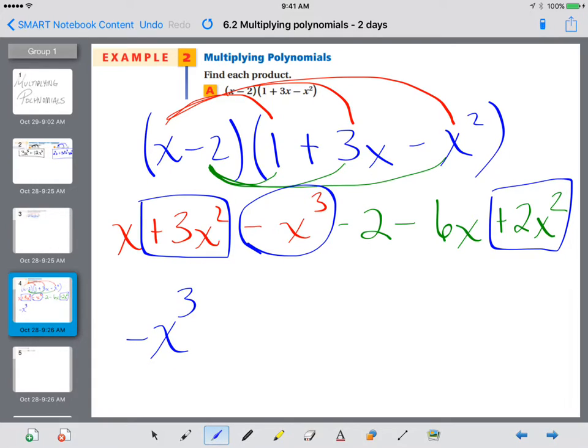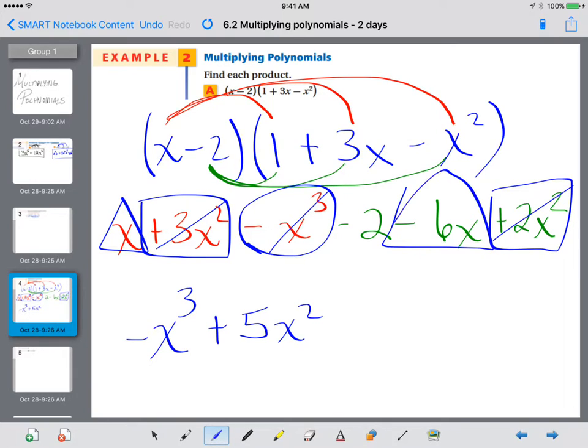Now I can combine my powers of 2. 3x squared plus 2x squared becomes 5x squared. So I'm done with these terms. And now I've got an x. 1x minus 6x becomes a minus 5x, and my last term is just minus 2.